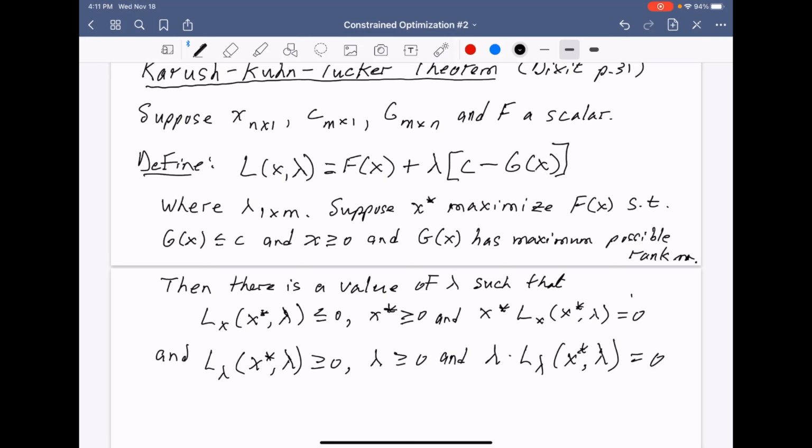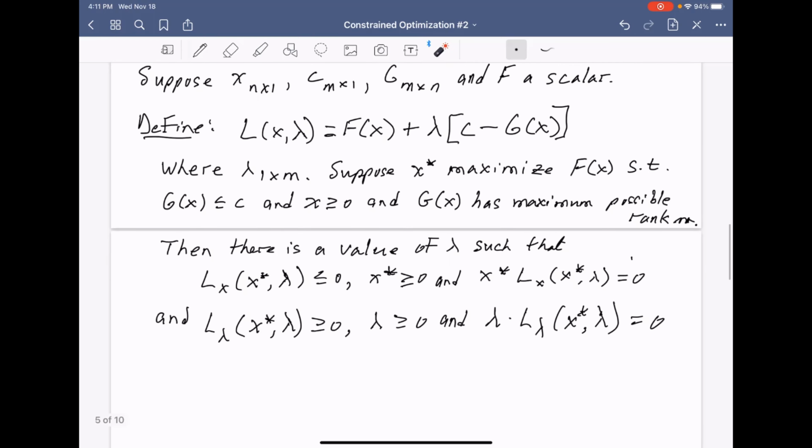So this is our complementary slackness condition. And we also require that the partial of L with respect to each of the lambdas is greater than or equal to 0, lambda has to be greater than or equal to 0, and lambda times the partial of L with respect to lambda has to be 0 for each of the lambdas. All right, we will return to these things in the next lecture.